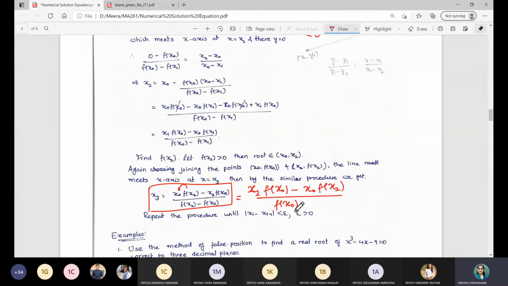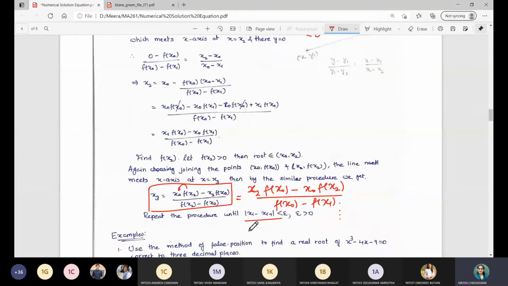This process continues until we get the desired accuracy, meaning when two consecutive approximations differ negligibly, we can stop. That is what we saw in the regula-falsi method in the last lecture.